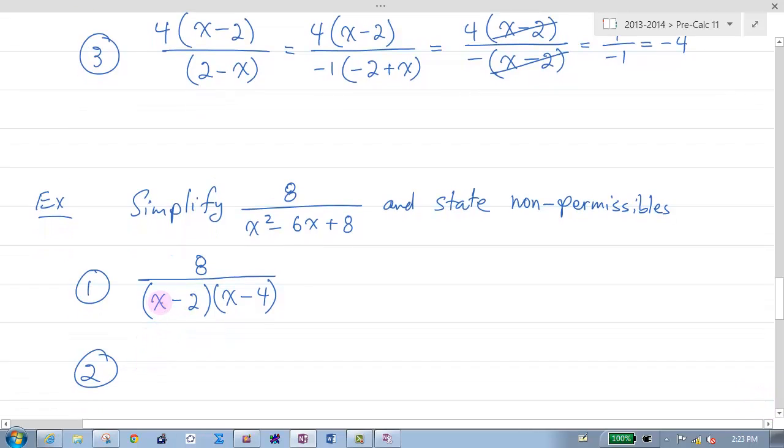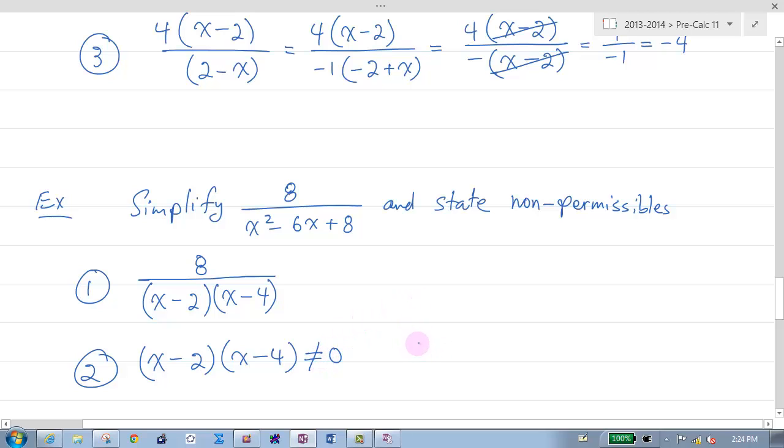Part 2 says, what values of x would make the denominator equal to 0, or find the non-permissible values of x. Okay, x minus 2 times x minus 4 equal to 0 would make the denominator 0, and it would make the rational expression undefined. So they cannot be equal to 0.